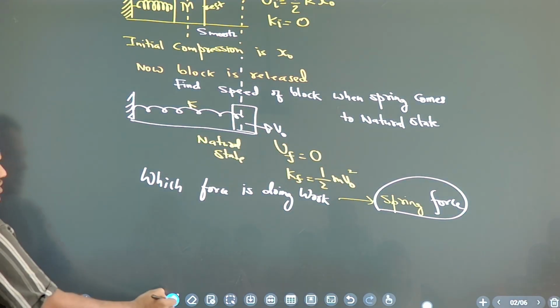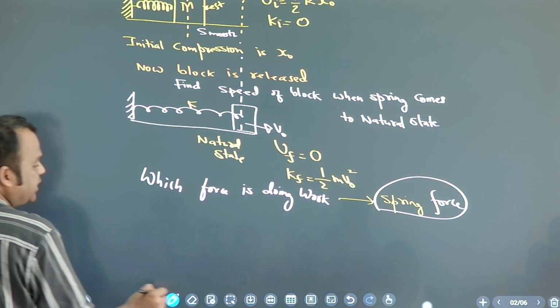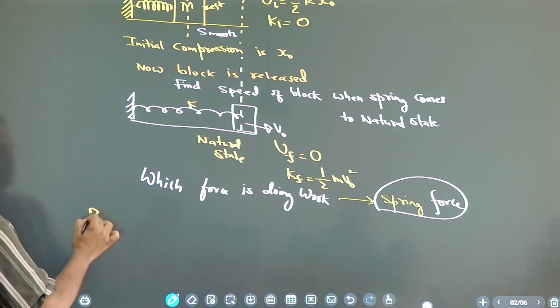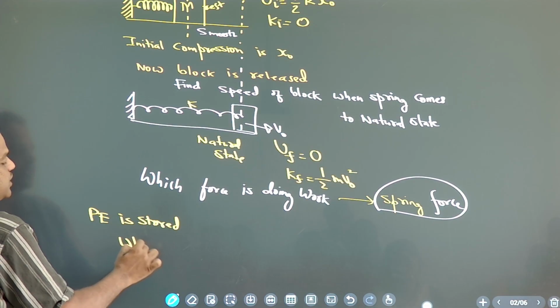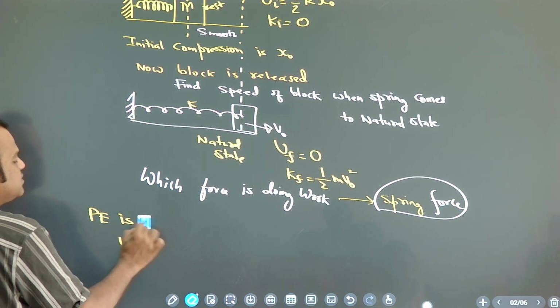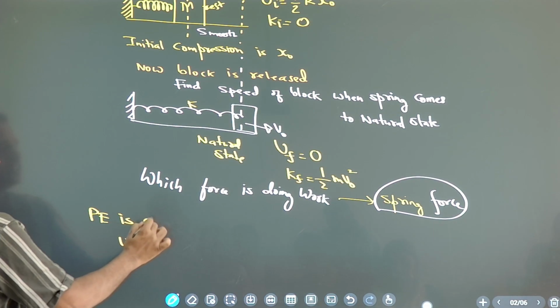Yesterday we discussed spring, gravitation and electrostatic. Potential energy is stored when potential energy actually changes.